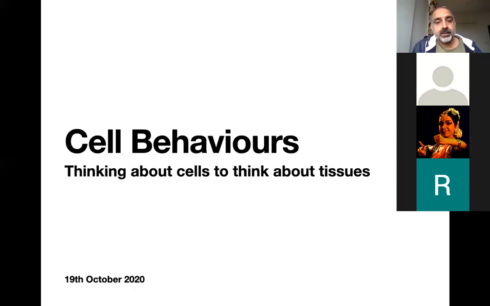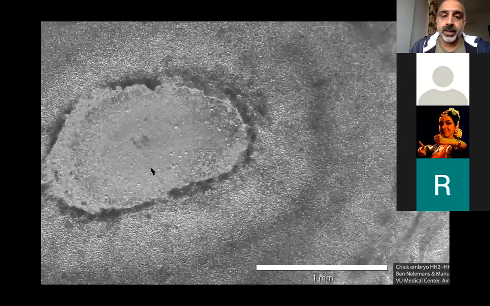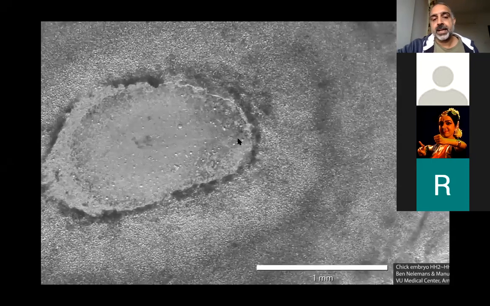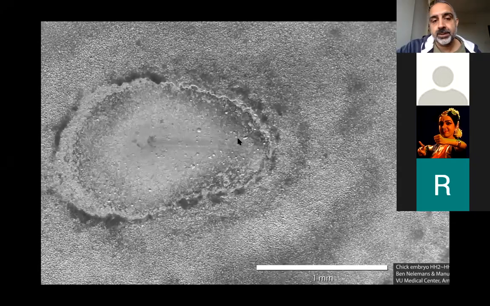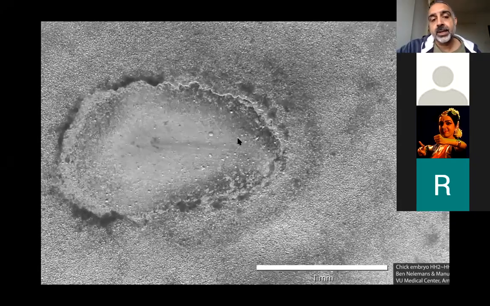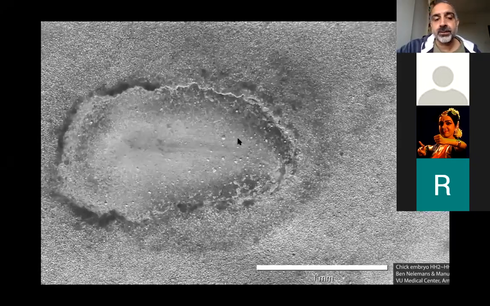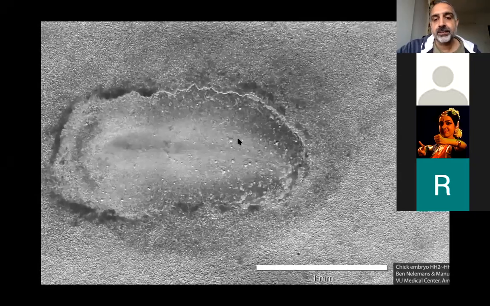Great. So today we're going to talk about cell behaviors. This is one way to think about cells so that we can start thinking about tissues, and how elaborate morphogenetic movements, so changes in the configuration of cells and the shapes of tissues, in the differentiation of structures occurs in the developing embryo.